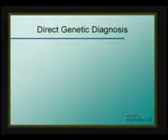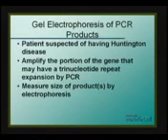Let's look at some particular examples of DNA testing. Let's first look at some examples of direct genetic diagnosis. The first technique that's described in the first example here involves gel electrophoresis of PCR products. In this particular example, we have a patient who is suspected of having Huntington's disease.